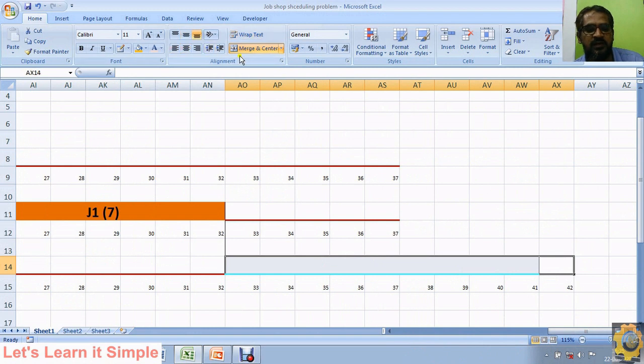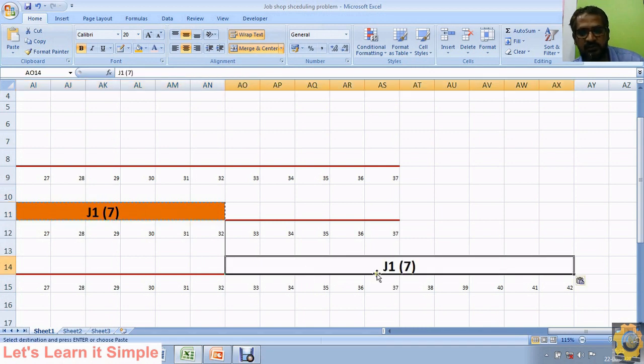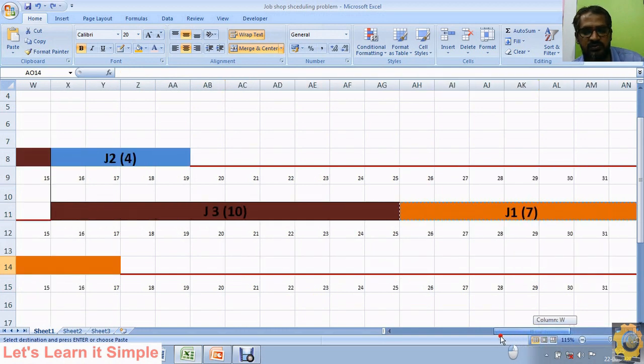So once again you can merge, wrap, bold, increase the font size to 20 and other things you can do, and just copy and paste it over here, and that is job 3.